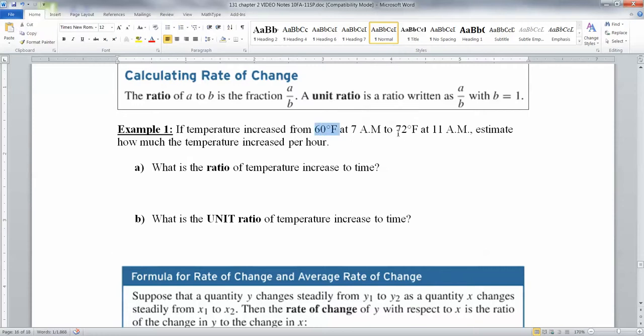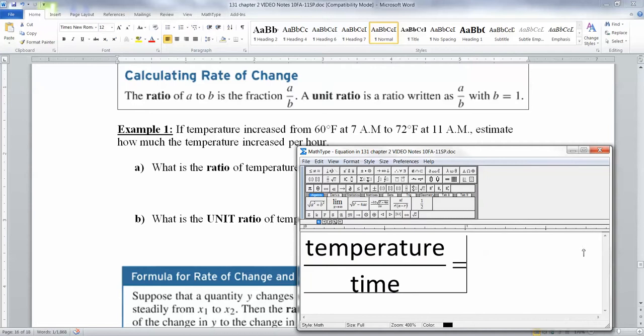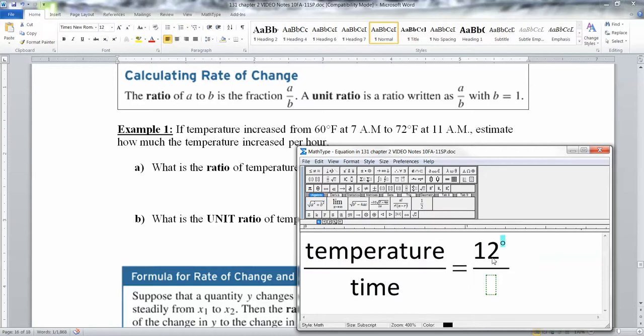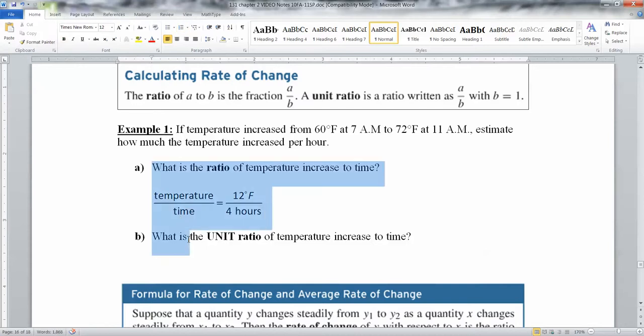It went from 60 degrees to 72 degrees. That means that we have a difference, an increase, if you will, of 12 degrees Fahrenheit over 4 hours. And there you go. There's a ratio, the ratio of increase of temperature over time.